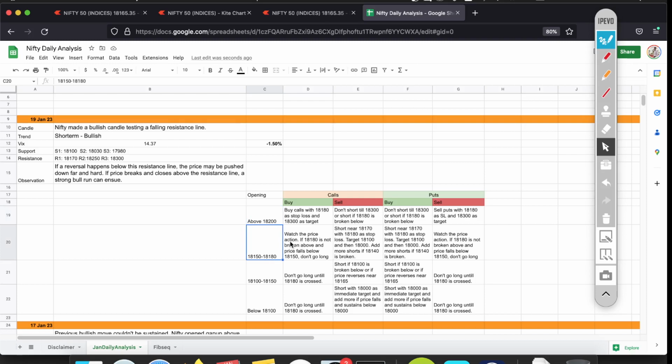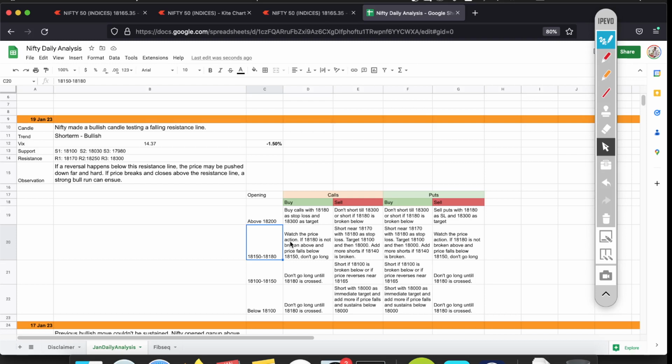But if price happens to open between 18,152 and 18,180, then you have to watch the price action. If 18,180 is not broken above and if price falls below 18,150, which means that today's consolidation range is breaking down, then you shouldn't buy any long positions.